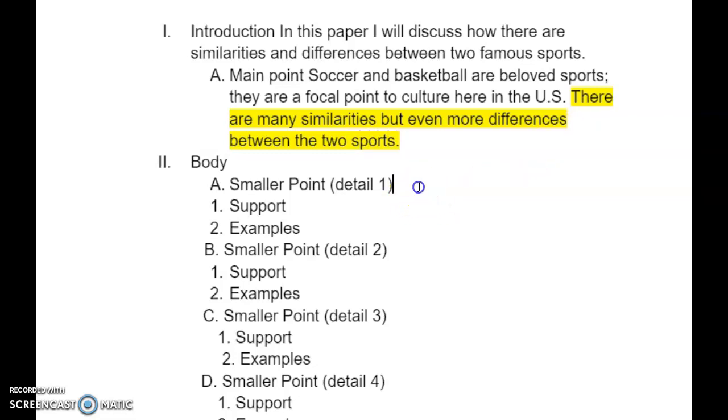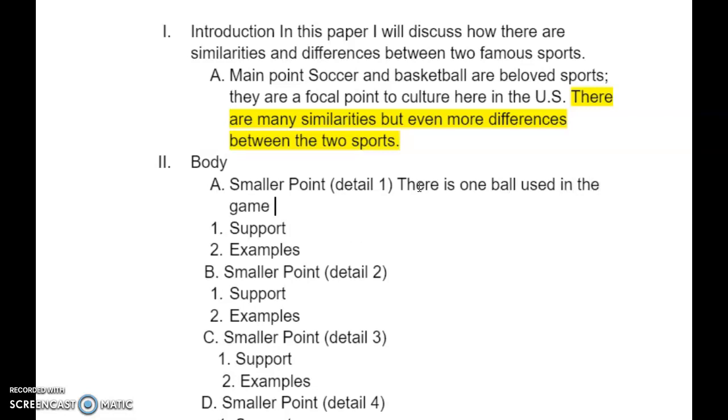All right, so for my first detail, remember these support my main point, and I could say there is one ball used in the game of both soccer and basketball.